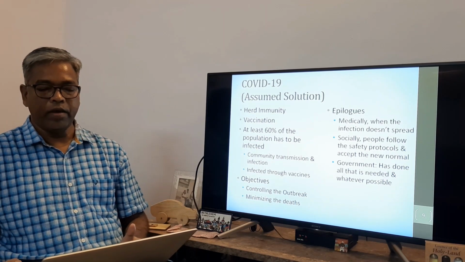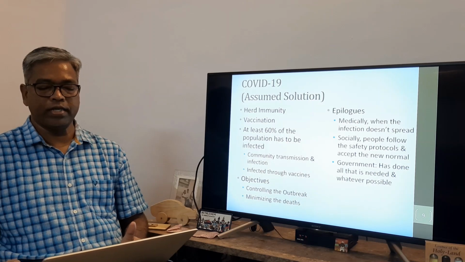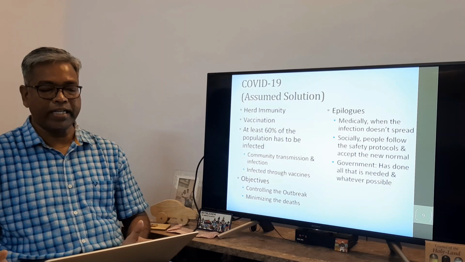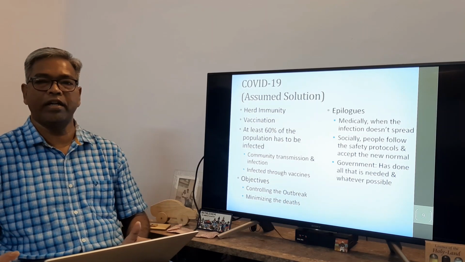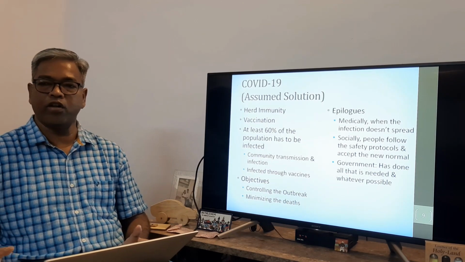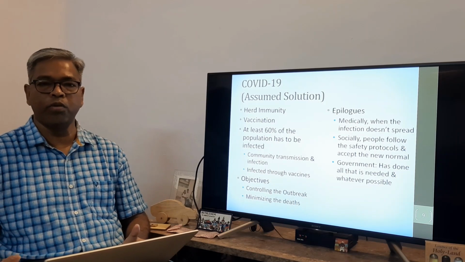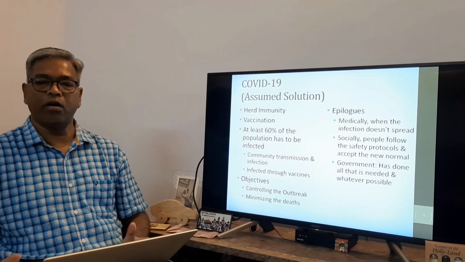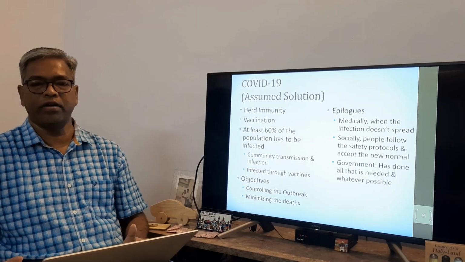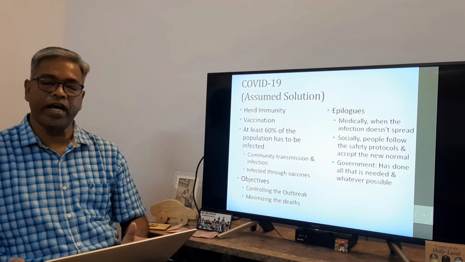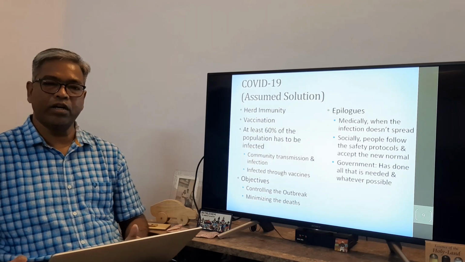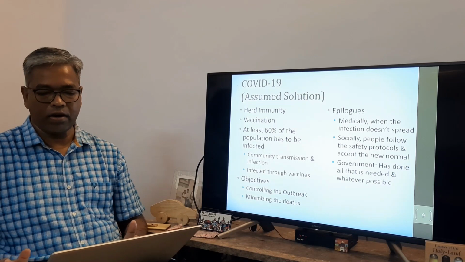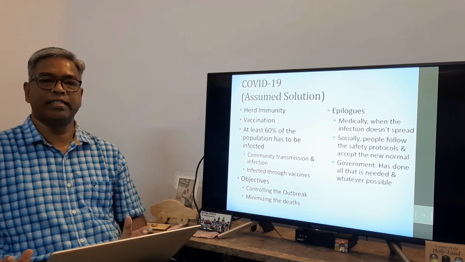And socially, people follow the safety protocols and accept the new norms, or new normal. COVID-19 has become a new lifestyle, with social distancing, work from home, stay at home, do not go out unnecessarily. All the luxuries and recreation, like going out, eating out, picnics, movies, are at a standstill.